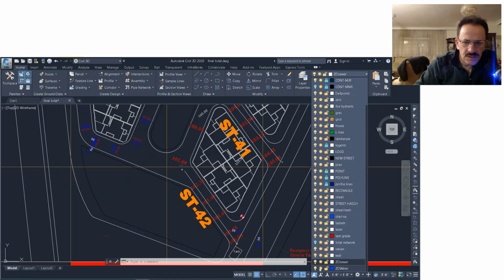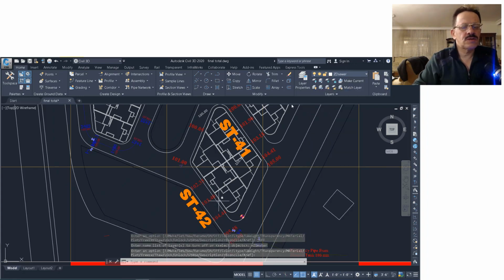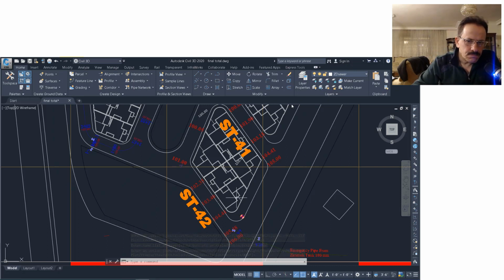Now, since this is for the water, I will hide this one. Okay, and then I work with the zone of the sewer for that zone.